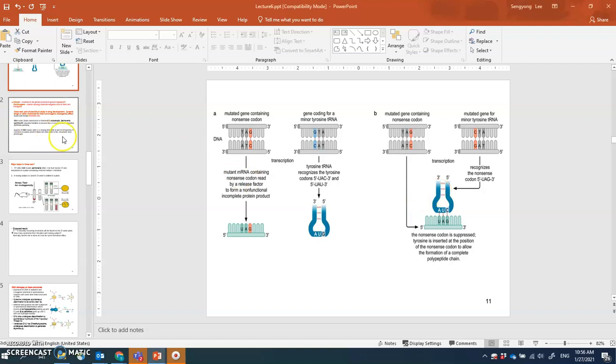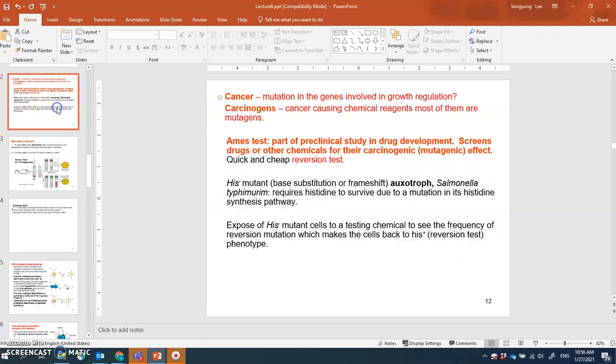Okay. So next, let's talk about cancer for a little. Cancer is caused mostly by mutation, because normal cells become cancer cells, and cancer cells typically do nothing but just replicate and grow instead of serving the special function that those cells should serve.